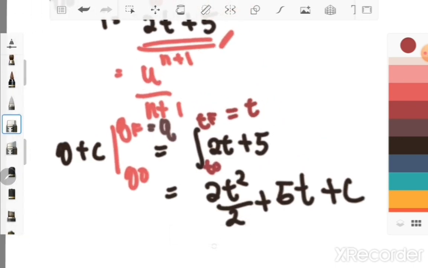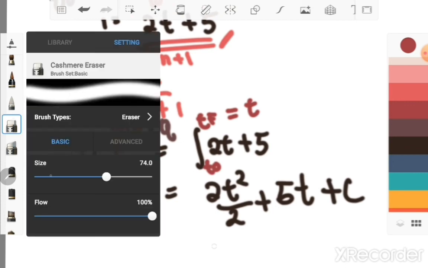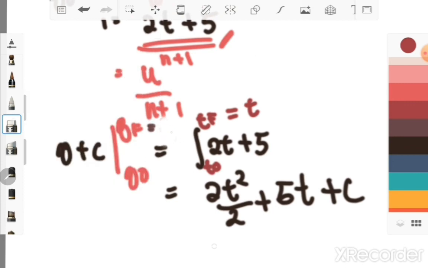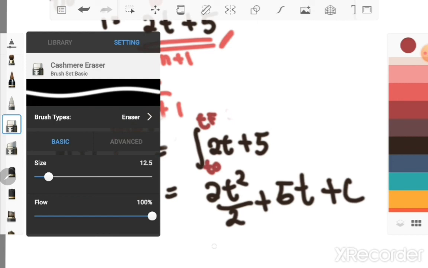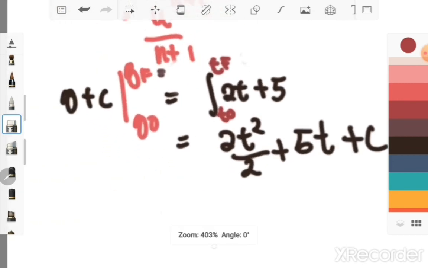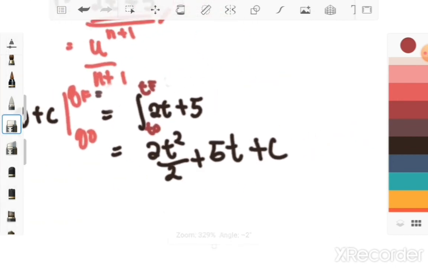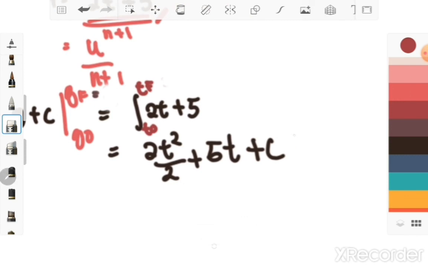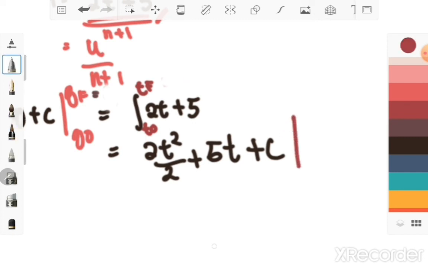Right? Okay, masyadong malaki. Yan. tf is equal to t. Right? So q plus c from q0 to qf. And also we have 2t squared over 2 plus 5t plus c from t0 to tf.